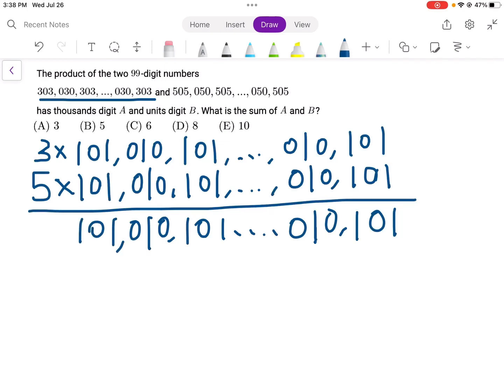And then the second last number here is 0, so we can jump into the third last number here. That's again 1, so we get the same pattern repeating as previously.